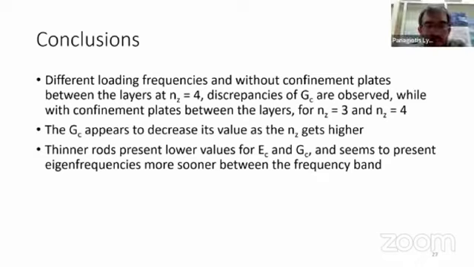The shear strength and the bulk strength decrease in value as the NZ gets higher. And if we have thinner rods, the values for the bulk modulus and shear strength have lower values, and we have more eigenfrequencies that we can see. The eigenfrequencies are the discrepancies.